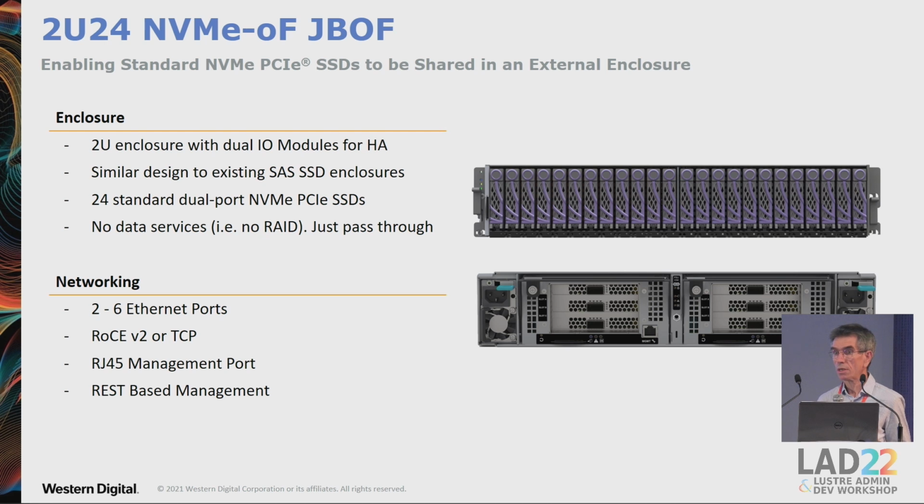In terms of networking, this solution, which has been in our portfolio for 2 years now, comes with 2 I/O modules to get high availability support, and you can get either 1 Ethernet port of 100 gigabit per IOM, or 3 ports, for a total of either 2 or 6 Ethernet ports. So the maximum bandwidth of this enclosure is 600 gigabit per enclosure.